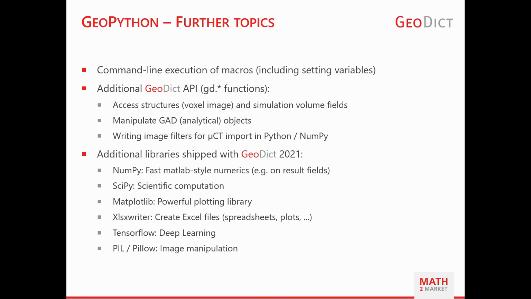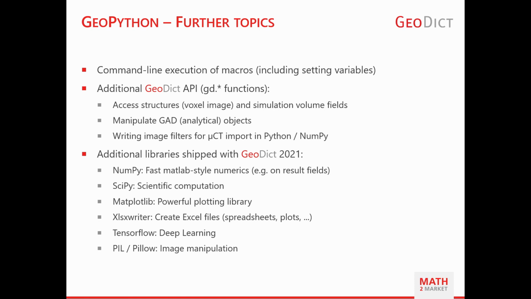And you can manipulate these objects and therefore update the voxel image as well, and also create new objects if you want. So you can create and edit all of the object types that Geodict can create. And you can also write, for example, image filters for ImportGeo in Python using NumPy.